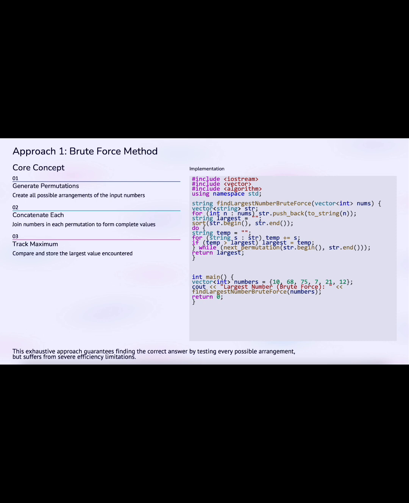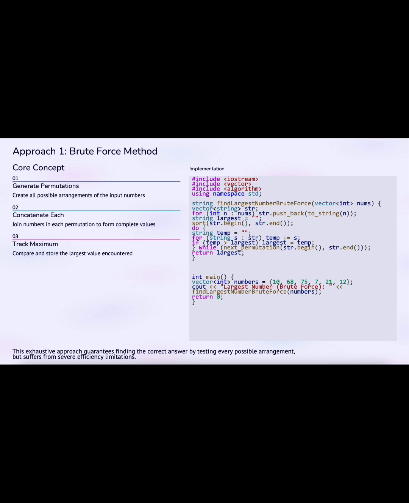Inside the function, we first convert all the integers into strings and store them in a vector called str because concatenation is easier with strings. We then initialize an empty string largest to keep track of the biggest number found so far. The vector is sorted initially so that next_permutation can generate every possible arrangement of the numbers.